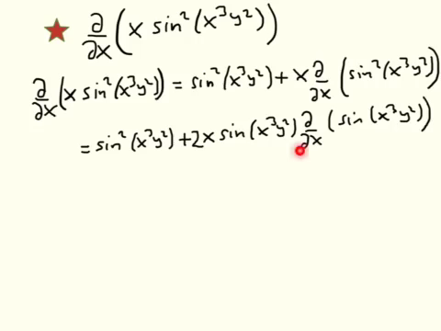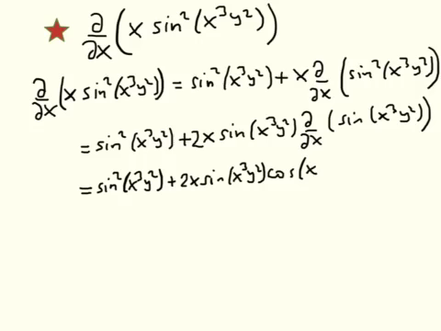So this derivative here is going to give us a cosine multiplied by the derivative of the argument. So we have sine squared of x cubed y squared plus 2x sine x cubed y squared. Derivative of sine, as we've said, is the cosine of x cubed y squared, and then this is multiplied by, and being very slow here, the partial derivative of x cubed y squared.